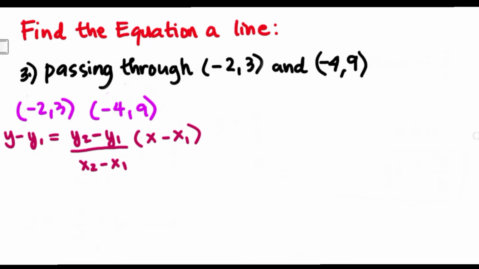So, ito po yung kaninang formula na sinabi ko sa inyo. So, y minus y sub 1 is equal to y sub 2 minus y sub 1 over x sub 2 minus x sub 1 multiplied to x minus x sub 1. So, hindi given yung slope, kaya nilagay ko po rito yung formula ng slope.